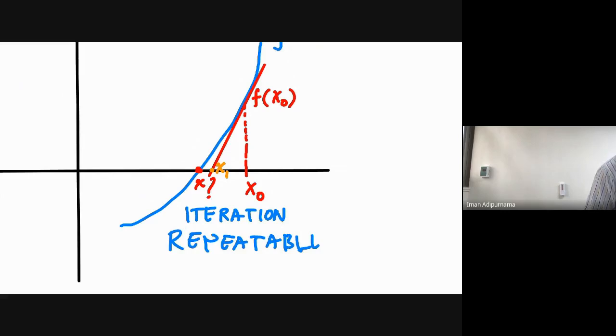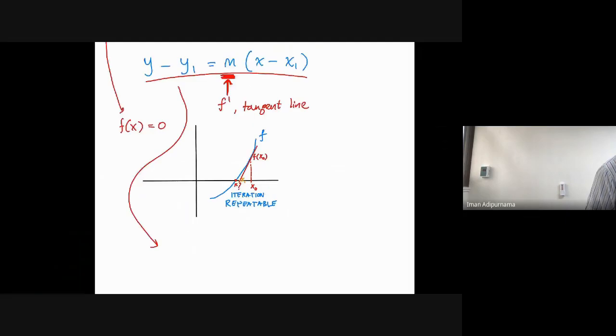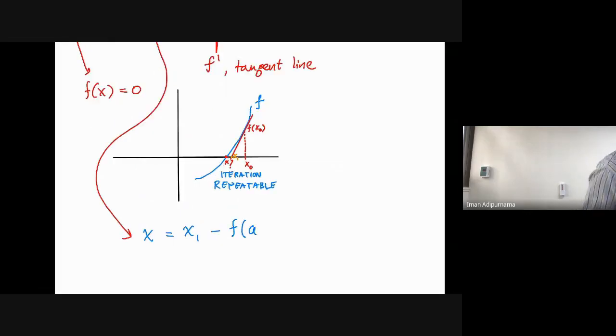Let's say this is x1 minus the function, let's say the x0 based on the graph. Let's say it's x0.